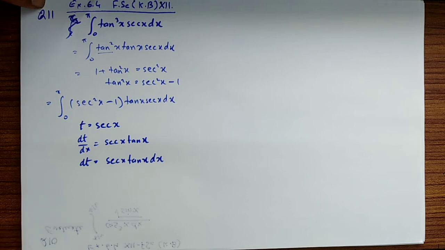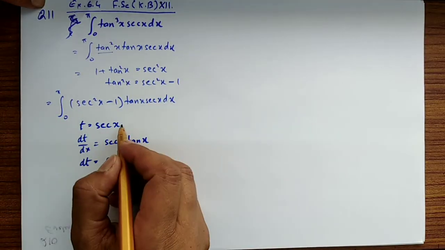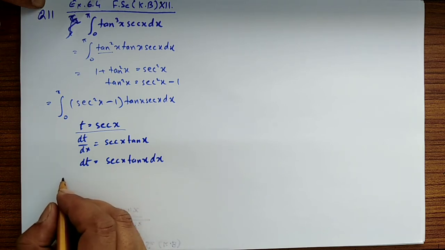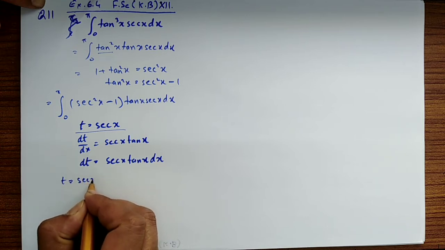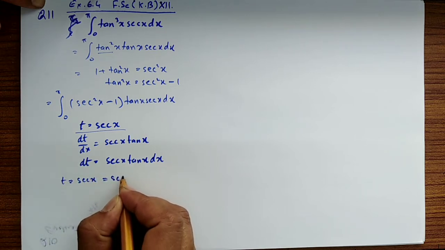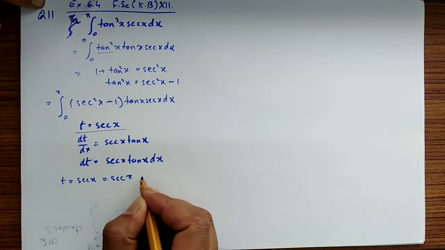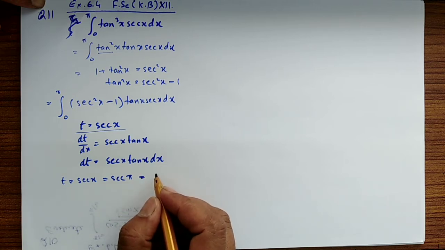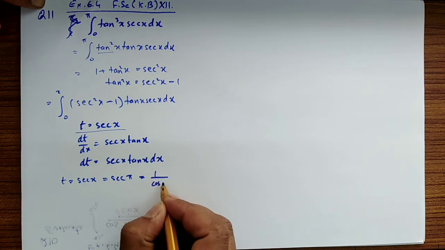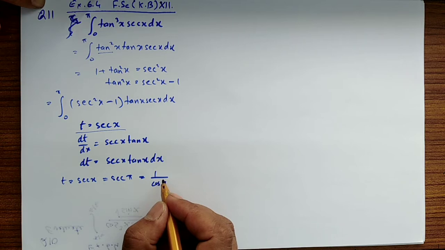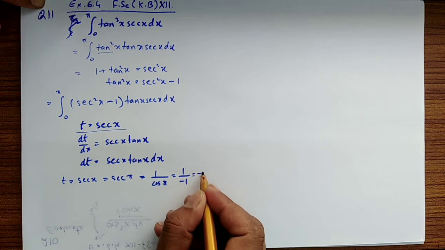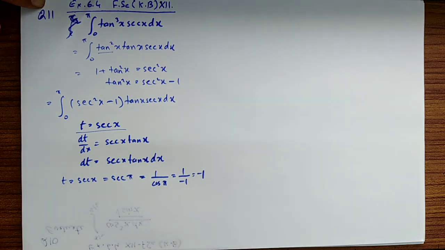Now, putting the values of the limits to change them into new limits, we know that t equals sec x, and in place of x I am going to put pi. Sec pi means 1 upon cos pi, that is 1 upon minus 1, which gives us minus 1, right.